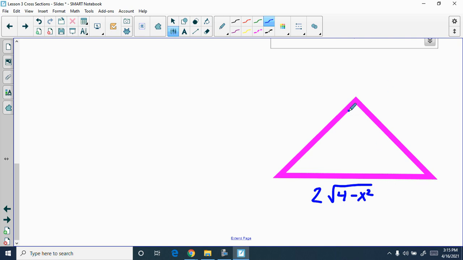Now this is a right triangle, so we have a right angle here, and to find the altitude, we're going to drop the altitude right down the middle, which actually creates another right angle here. And when we do that, we've split this in half, which means that this side length is just the square root of 4 minus x squared.